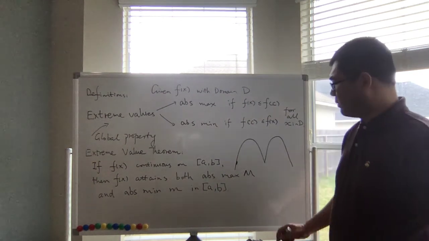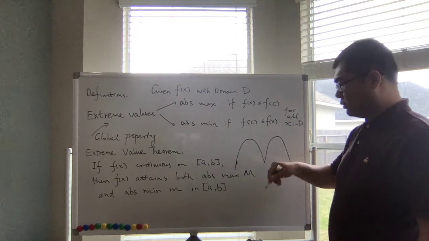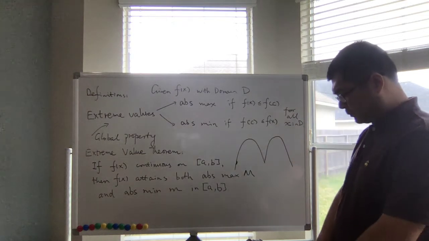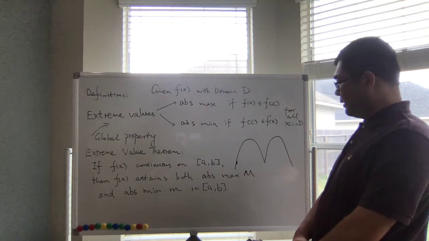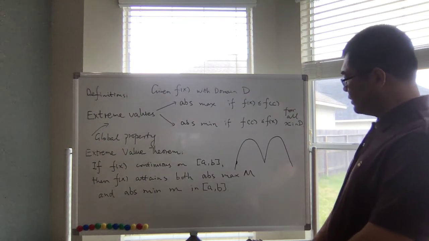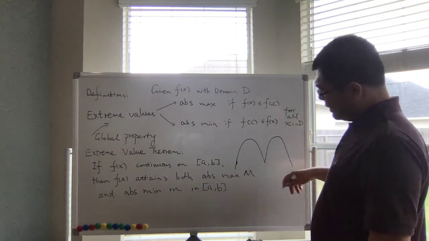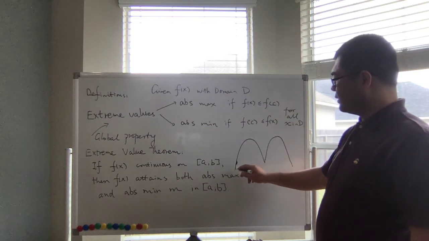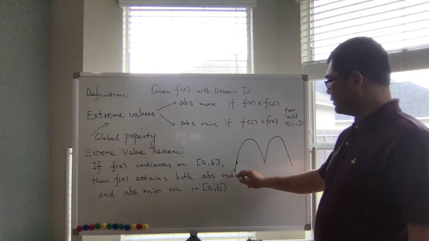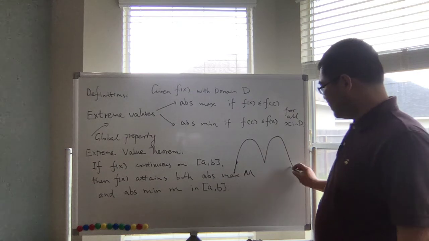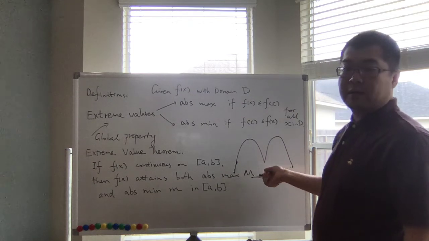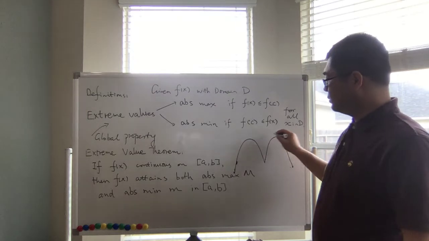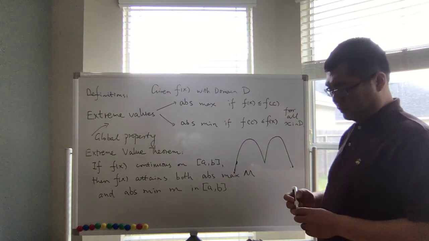In this problem, I didn't draw the xy plane and plot the points, but if this is the x axis and this is the y axis, f(x) attains its absolute minimum on the two endpoints, and the absolute maximum on those two points.